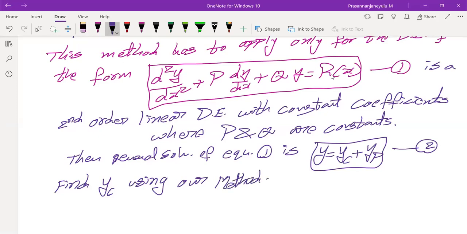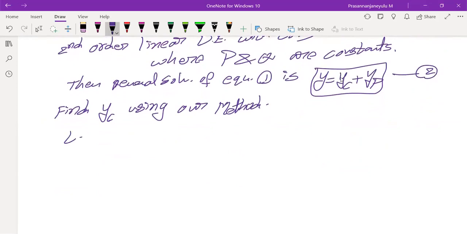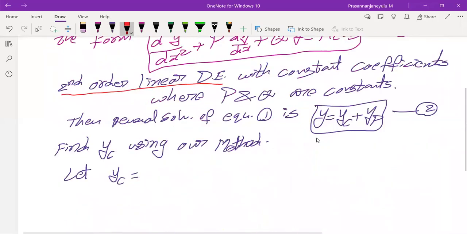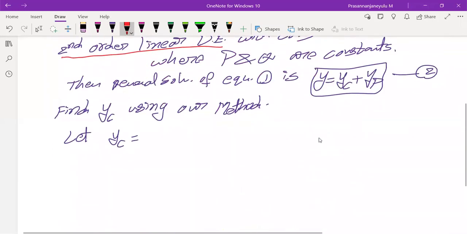Then yc will be, let yc is equals to, how many arbitrary constants are we going to get? 2 only, because it is a second order linear differential equation with constant coefficients. The auxiliary equation will be of order 2 in terms of m, so only 2 m values, and so 2 terms and 2 arbitrary constants.